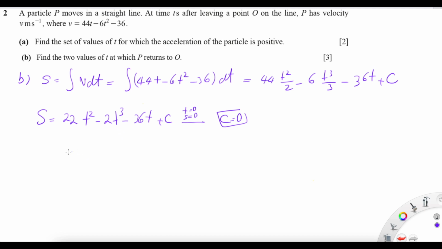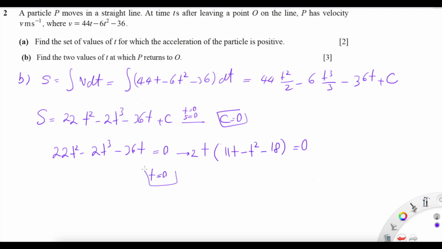So displacement is to be 0. So 22t squared minus 2t cubed minus 36t is supposed to be 0. I factor out t, and you can factor out 2 also. So it will be t times 11t minus t squared minus 18 is equal to 0. Solving this equation, t equal to 0 is one of them, which is the initial time.